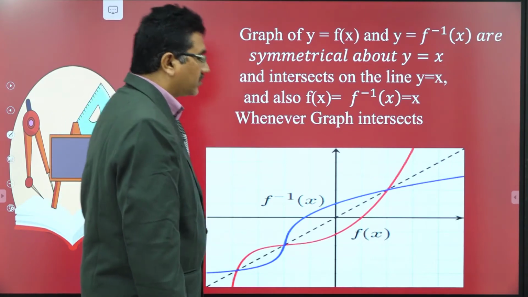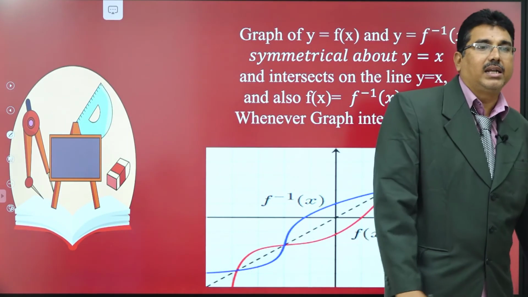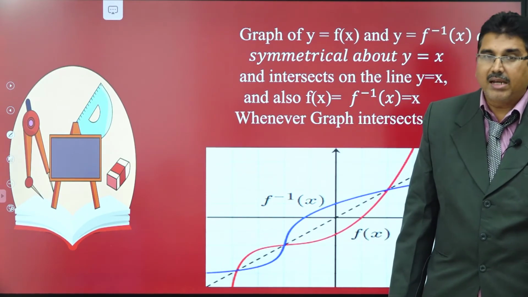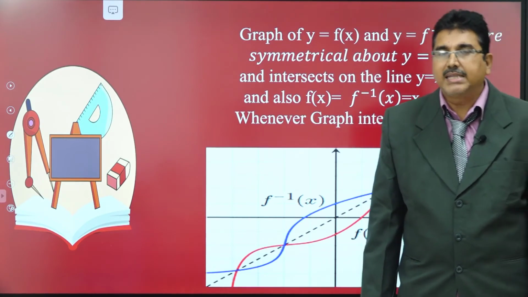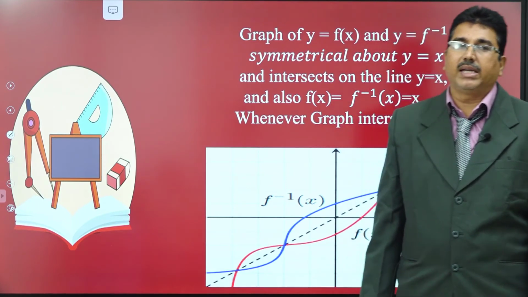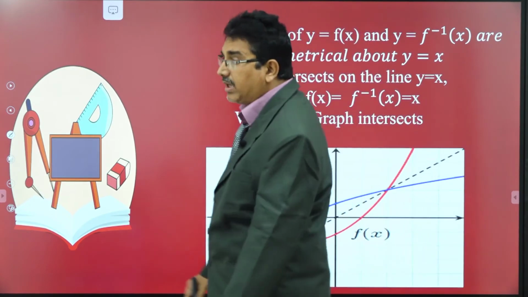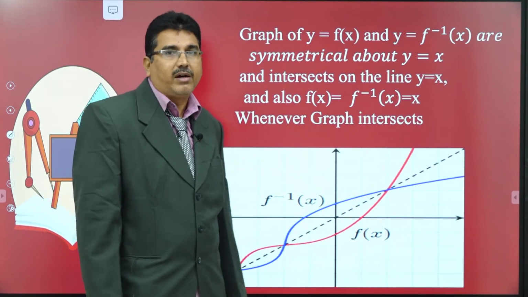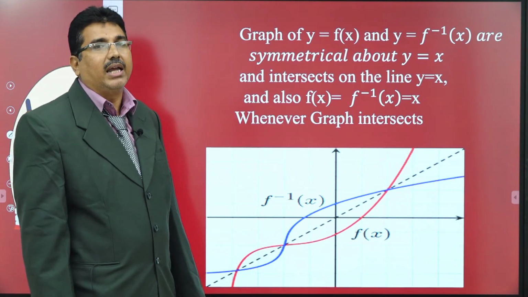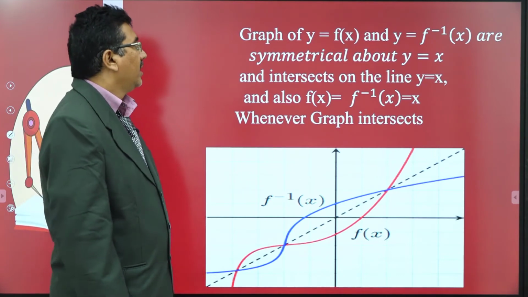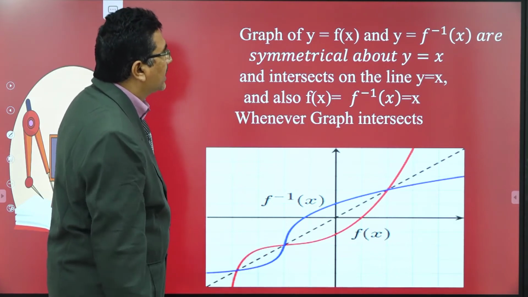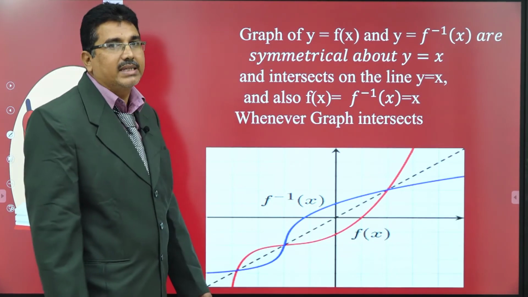Now what is inverse function? Geometrically, the inverse of a function f of x is the image of f of x with respect to the line y is equal to x. Graphs of y is equal to f of x and y is equal to f inverse x are symmetrical about y is equal to x.